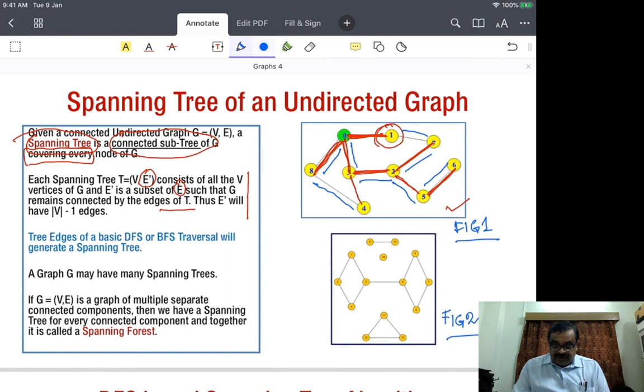In this one, this could be a spanning tree for this subgraph. This is a spanning tree for this subgraph, and this is a singleton node which is itself a spanning tree. Therefore, we will have as many spanning trees as there are connected components, and together they form what is called a spanning forest.